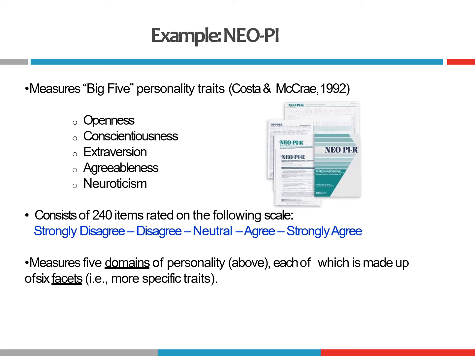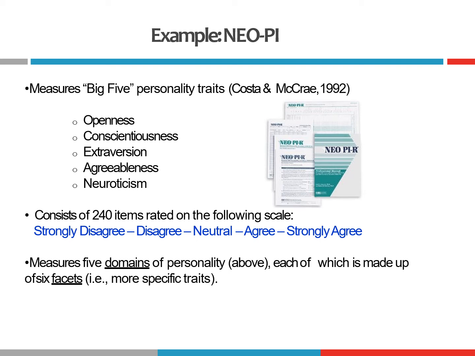Okay, so let's work through one more example that's going to be kind of fun. Okay, so there is a very well-known, very well-established psychological test that measures the 5 most critical personality traits.